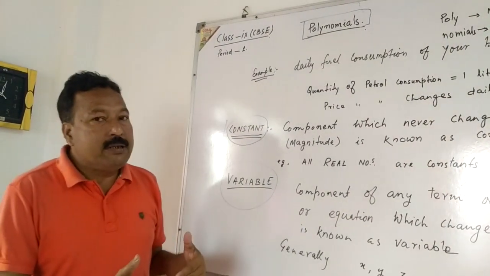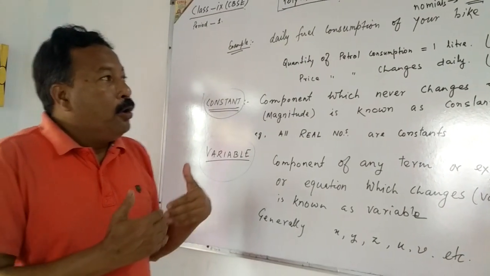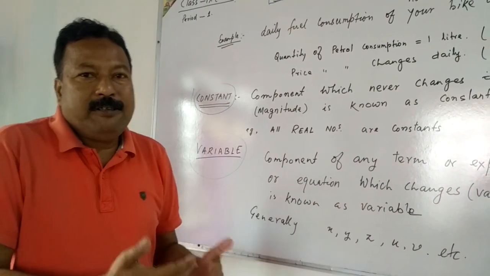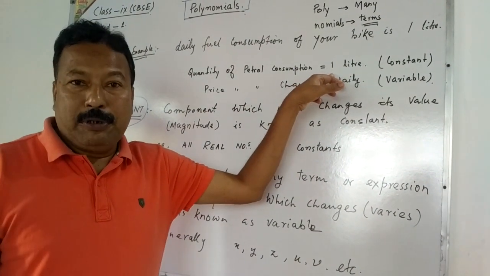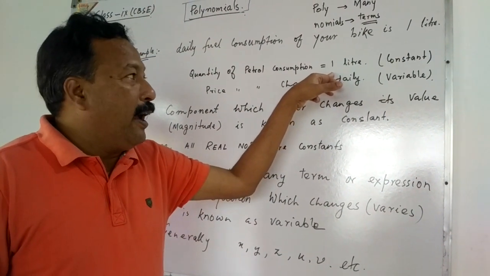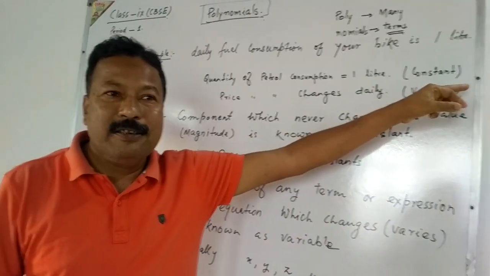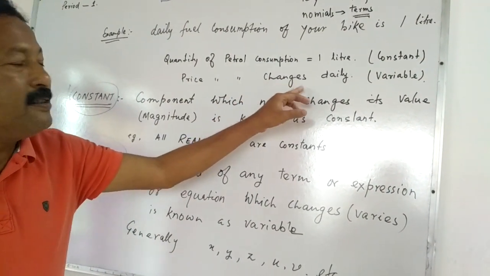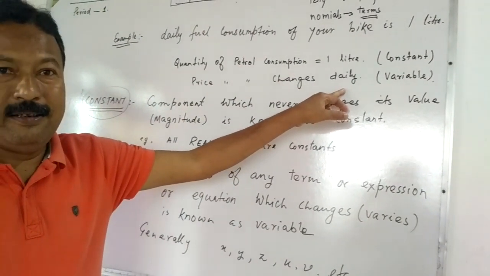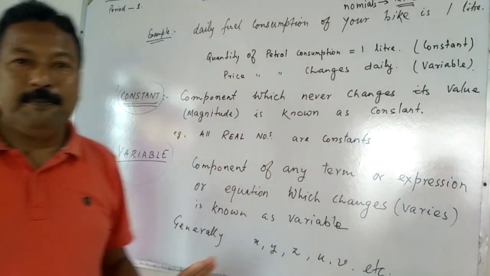Here, the thing which does not vary, does not change, is the quantity of your petrol consumption, and it is known as a constant. The price of the petrol changes daily. It varies, hence it is a variable.